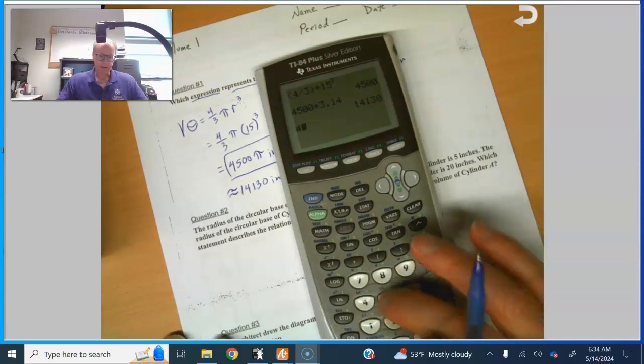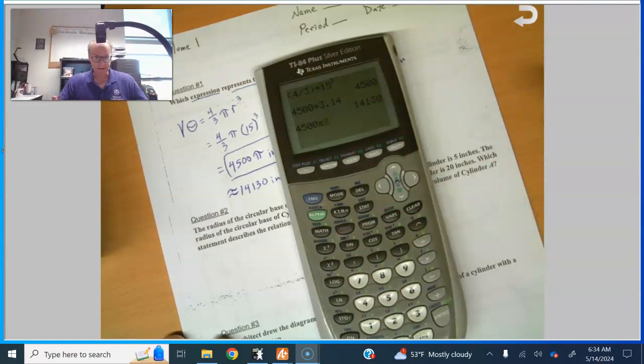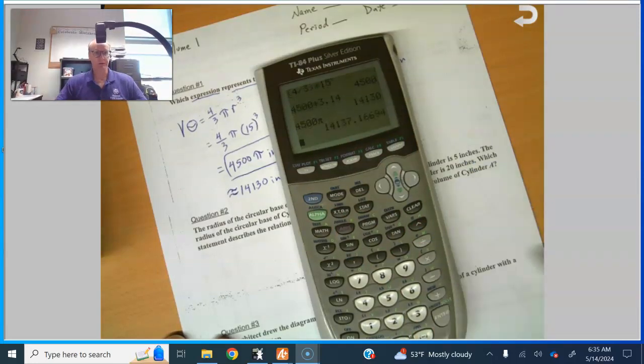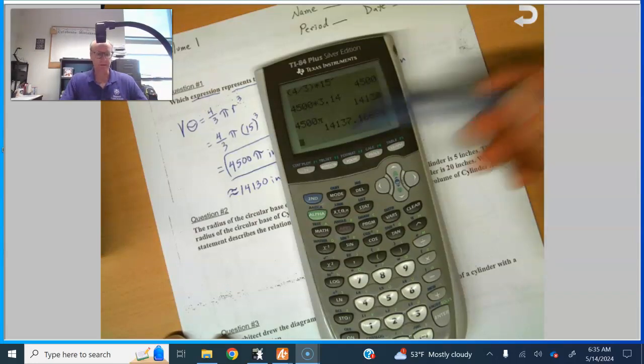Now, if I use the pi key in my calculator, it'll be more accurate. So I could take 4,500 pi. Again, that's the exact answer as it's written. But when I hit enter, the calculator is going to use pi all the way out to here. This is going to be a very accurate answer. So 14,137.17 approximately.